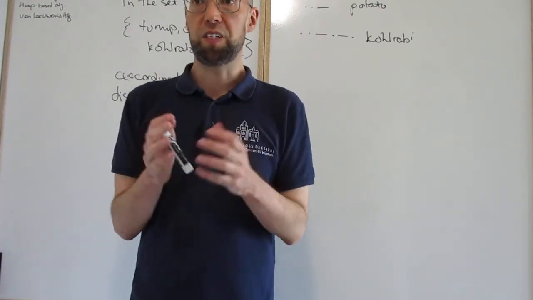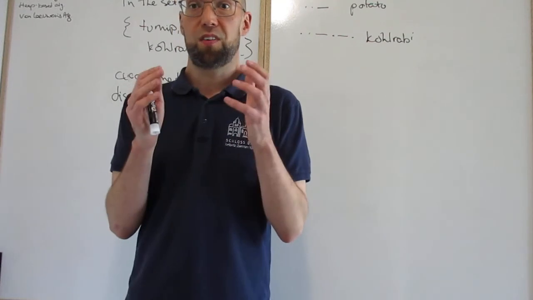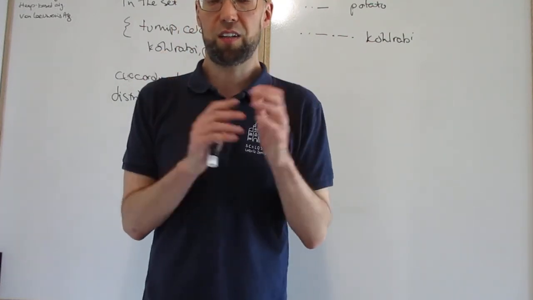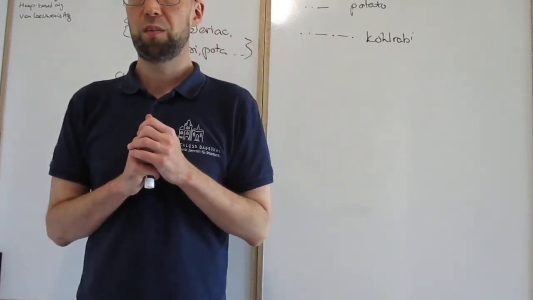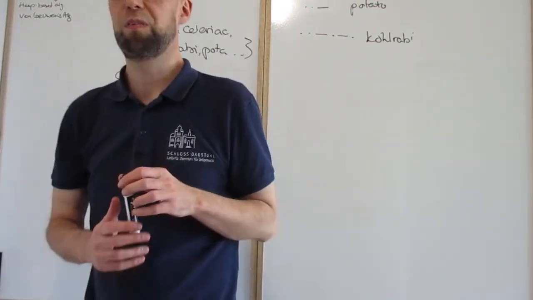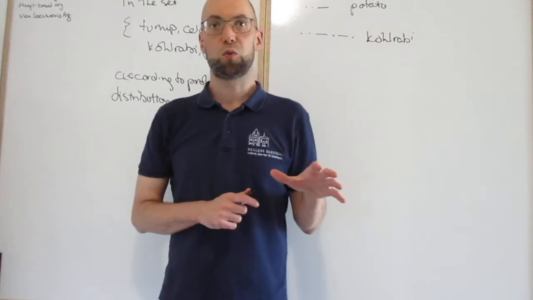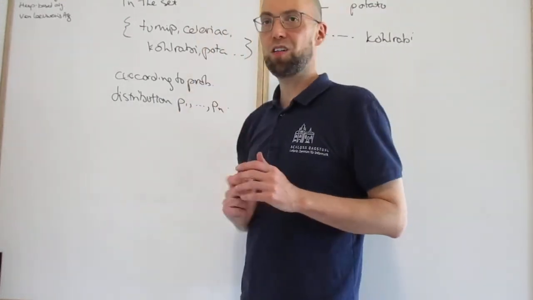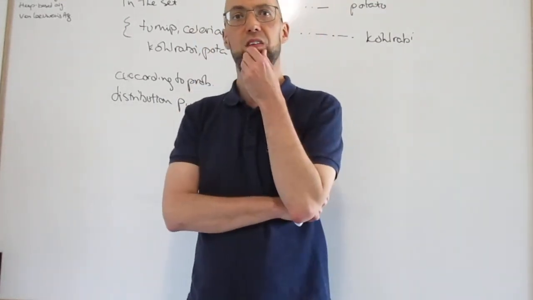So, the problem is, come up with a set of code words. People are still here, right? People haven't given up. We still have 40 people. Come up with a set of code words such that the expected code word length is minimized.